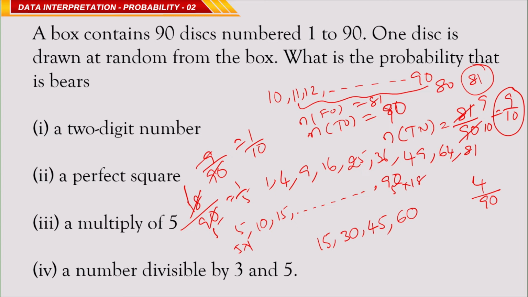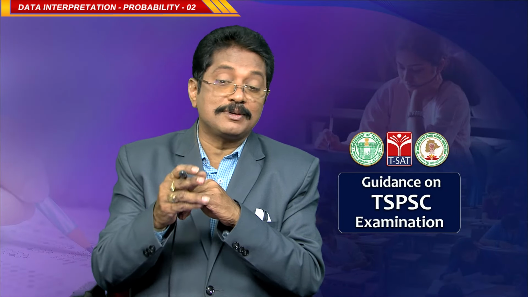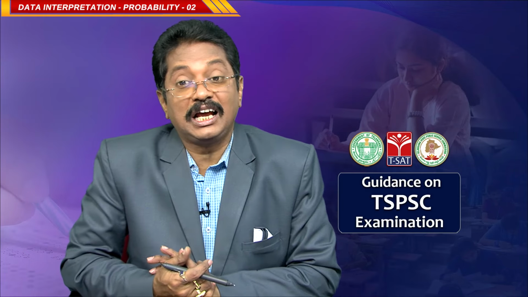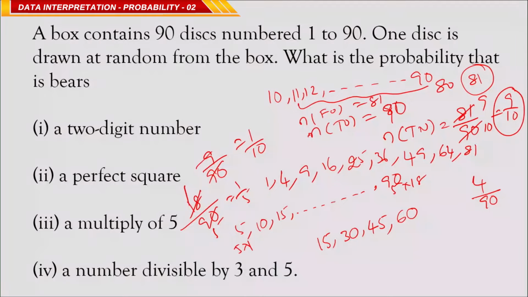If the question is given as the number of numbers which are divisible by 3 or 5, then you have to write the multiples of 3: from 3 to 90 there are 30, and multiples of 5 from 5 to 90 there are 18, totally 48. But there are 4 multiples of both 3 and 5, so 48 minus 4 is 44.